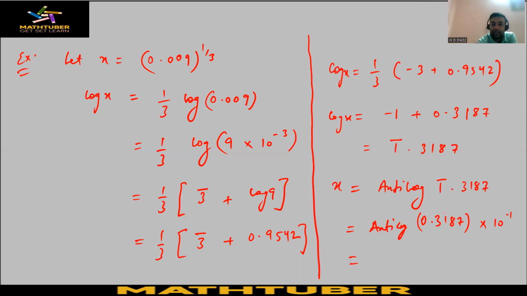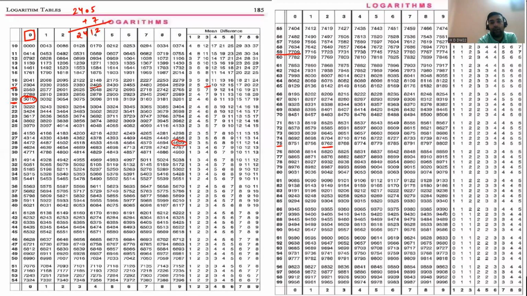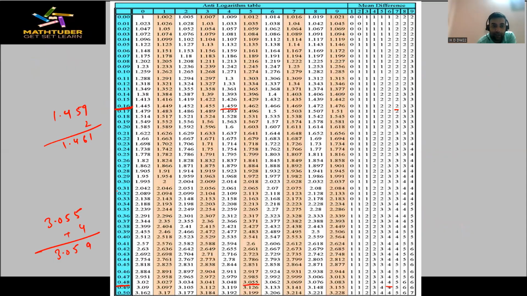So if we see 0.31 on the antilog table, then we have to find its 8th column, which is this one, 2.08, and then the 7th column on the mean difference table, which is 3.